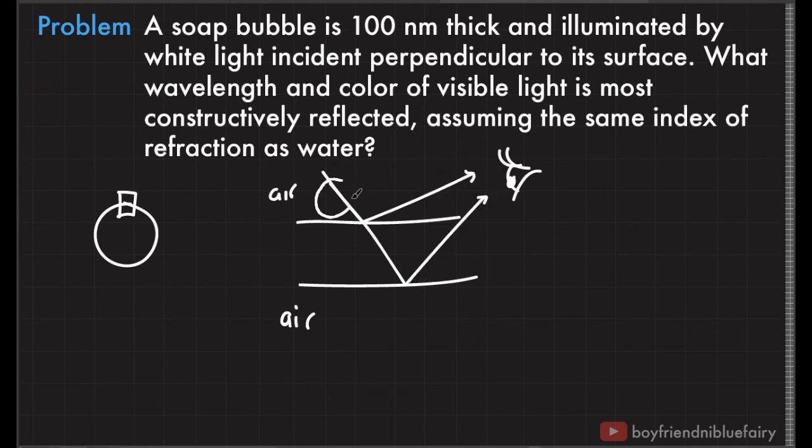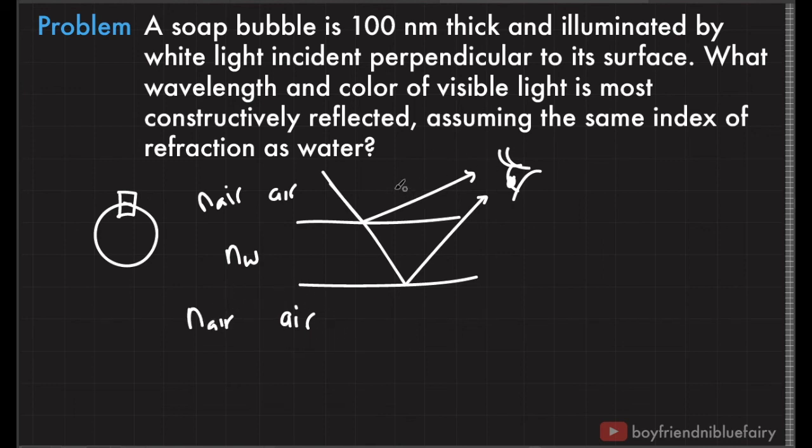So let's call this the incident ray, this one ray 1, and this ray ray 2. Again, in the problem, we assume that ray 1 and ray 2 undergo constructive interference. Now, let's represent the refractive index of air as n sub air, while the refractive index of water is n sub W, and the refractive index of this side is also n sub air.